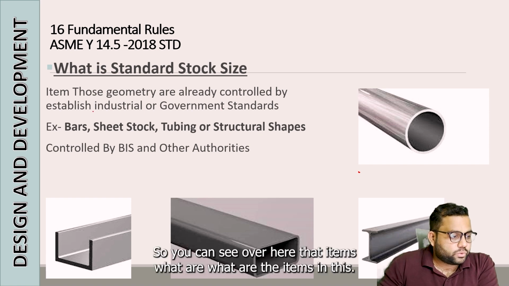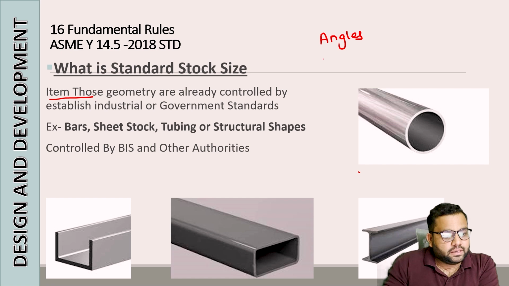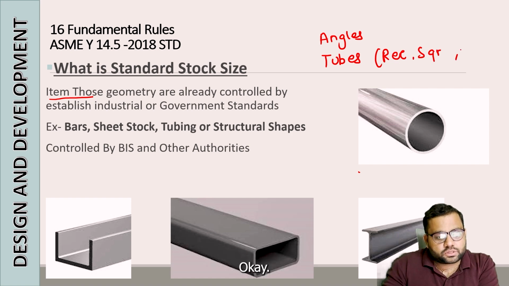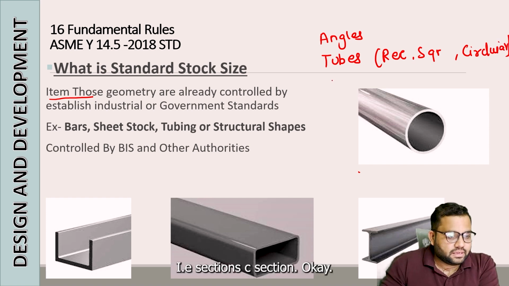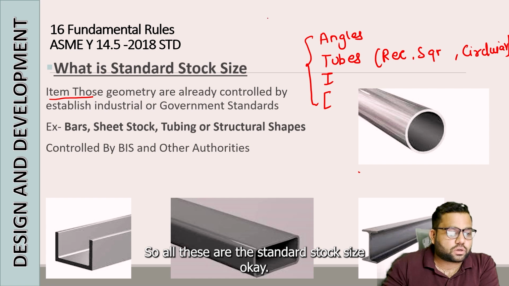You can see over here angles, tubes, maybe rectangular tubes, square tubes, or circular tubes, I sections, and C sections. All these are standard stock sizes.